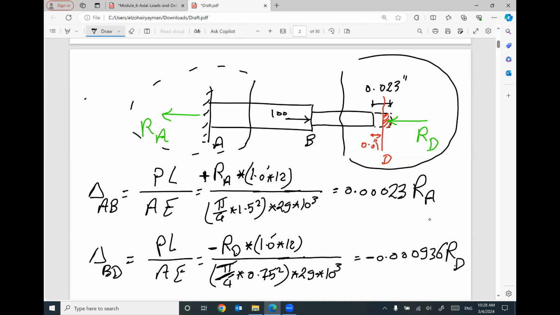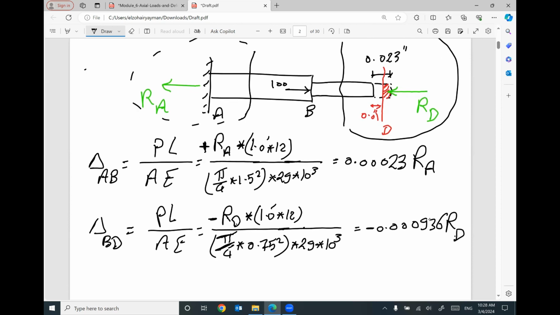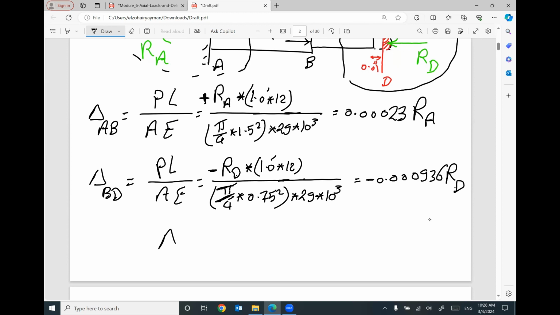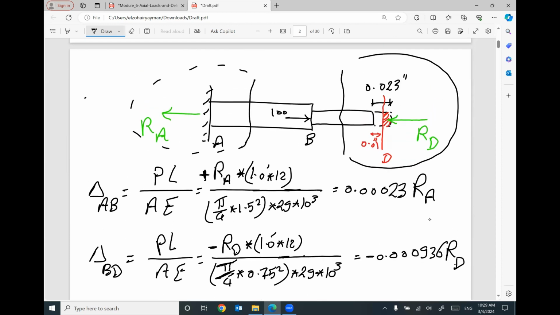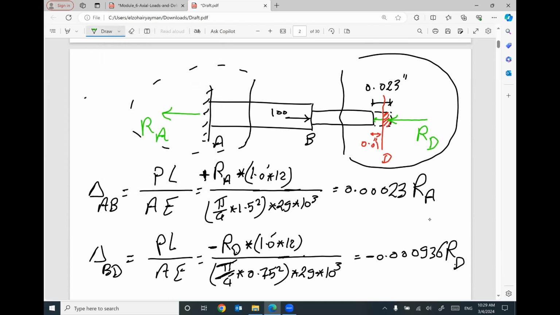Keep in mind, the axial deformation in part AB plus the axial deformation in part BD must equal how much? The only allowable deformation is this gap, 0.01 inch.